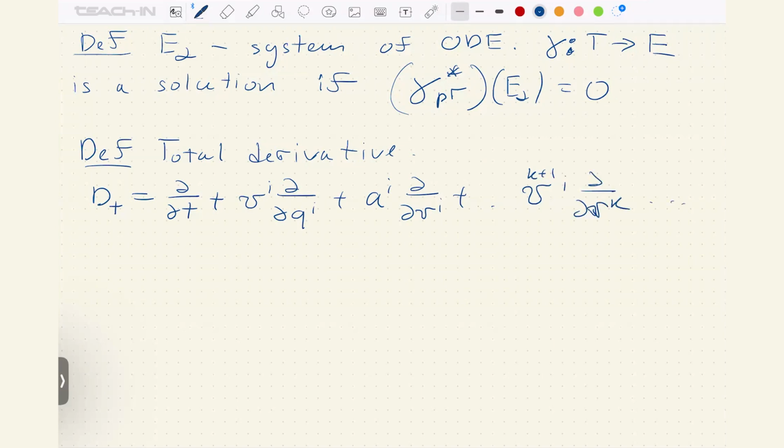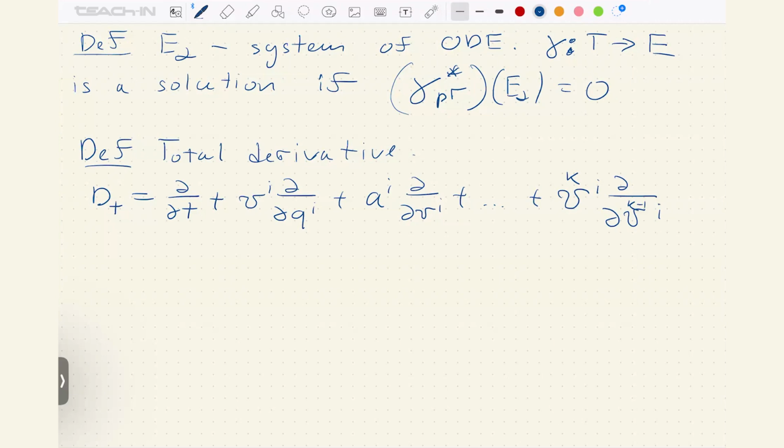And at some stage it should stop for order k, because you can't differentiate any further, right? Because you don't have next order derivatives. Well, even this term actually is not there on J^k. So it should be k minus 1 and here k. I need to do it carefully. So plus dots plus v_k^i d over dv_{k-1}^i. Yeah, that's the total derivative.